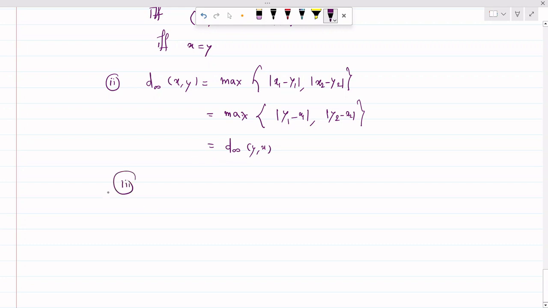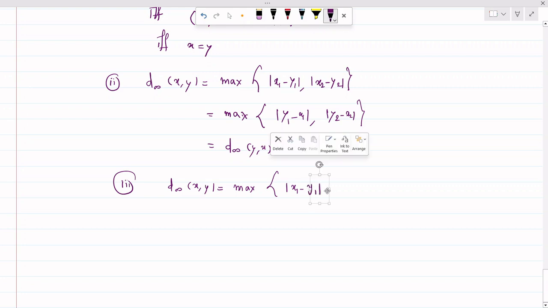Now let's try to identify the third property. To establish the third property, first of all, what is d infinity of x comma y? d infinity of x comma y is the maximum of mod of x1 minus y1 and mod of x2 minus y2.